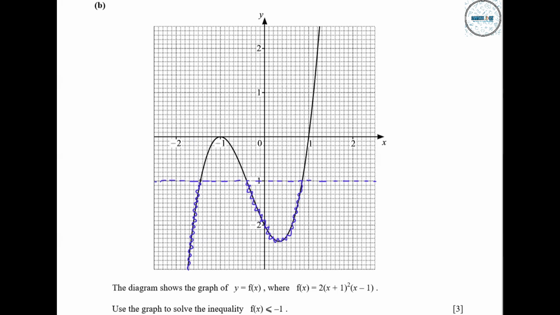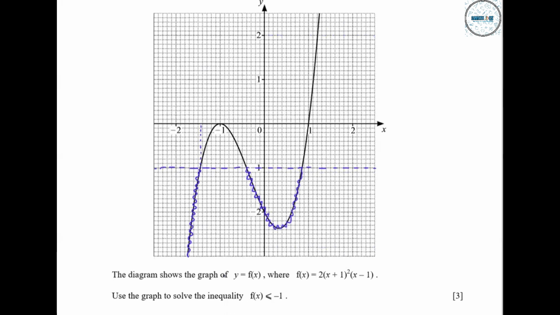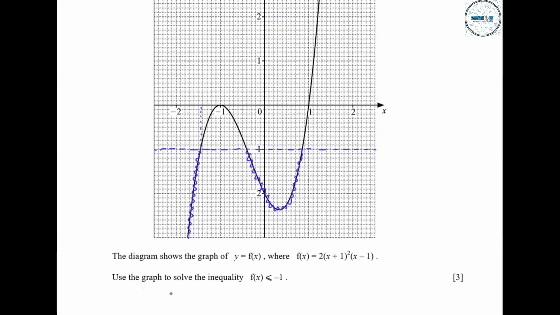So if we join this with the x-axis, it is at minus 1.45. So we have the values of x for this part of the curve as x is less than or equal to minus 1.45.